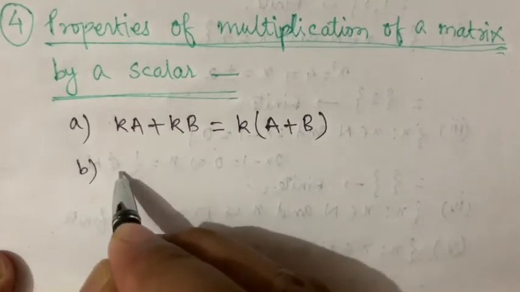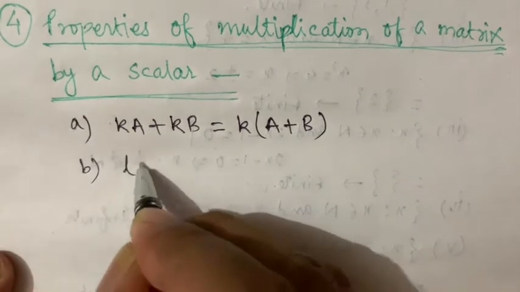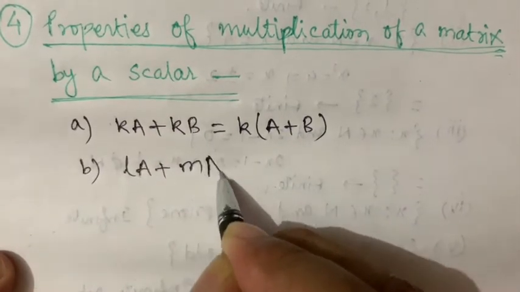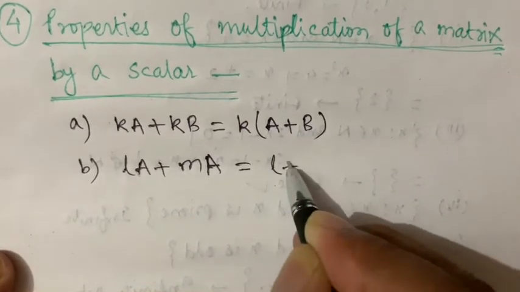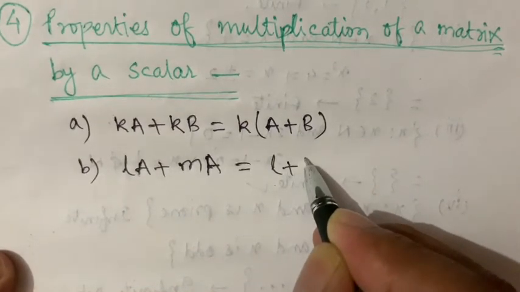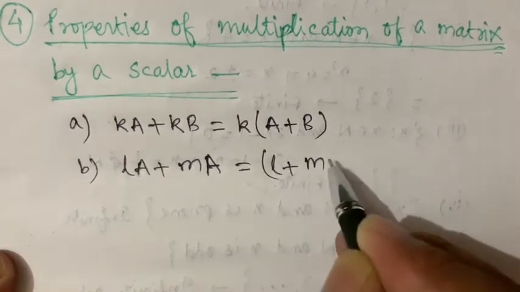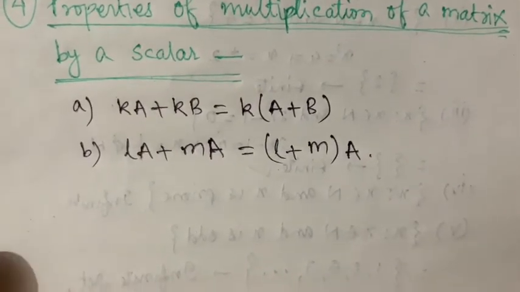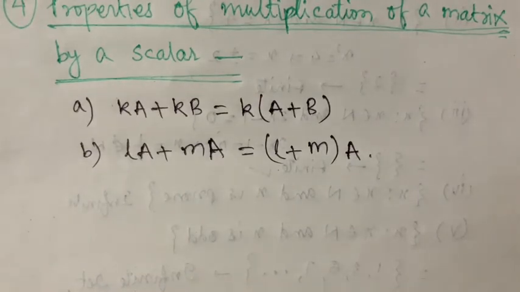Or if we have LA plus MA, then in this case we can take A as common from both and add the scalars there. So these are two properties of matrix multiplication by a scalar quantity.